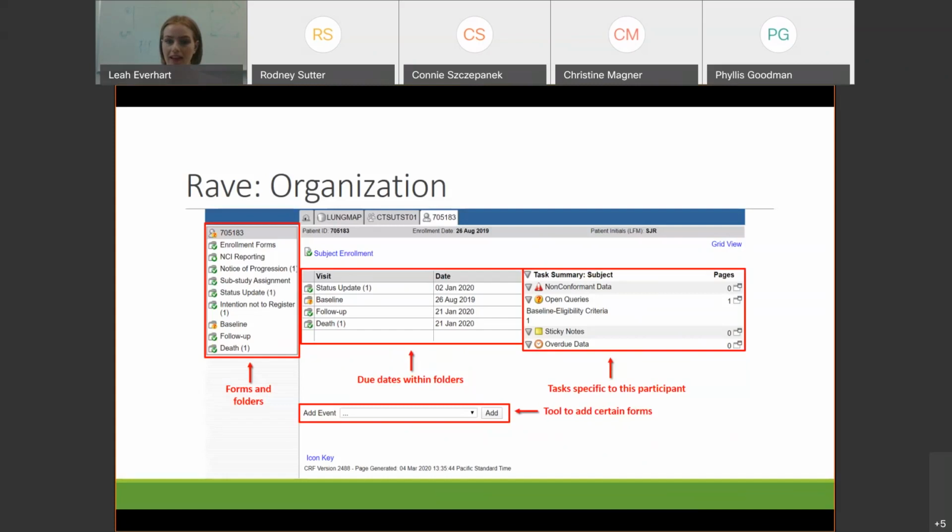Then we have another task summary list highlighted on the right-hand side again, but now it's specific to this patient and will only show outstanding forms for whatever patient you've selected. At the bottom, I have highlighted the Add Event drop-down box. This is a tool to add certain forms that won't generate otherwise. Next slide, please.